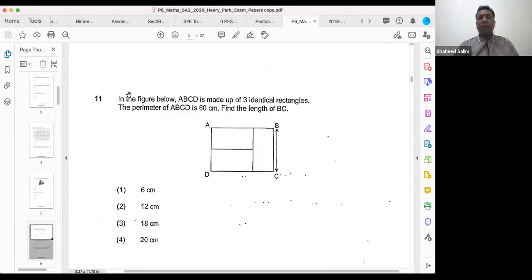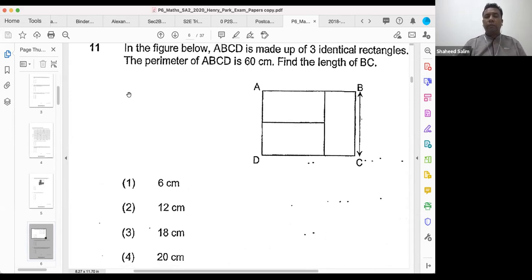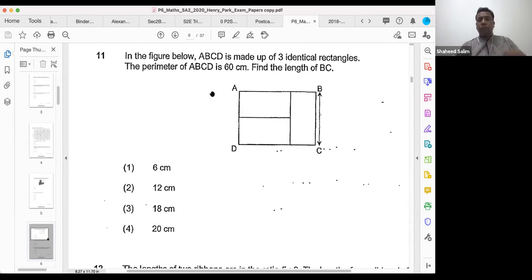Okay, can you try? The perimeter given is 60. The perimeter of the figure is on the outside. That's the perimeter. You want to find the length BC. Count in terms of breadth.